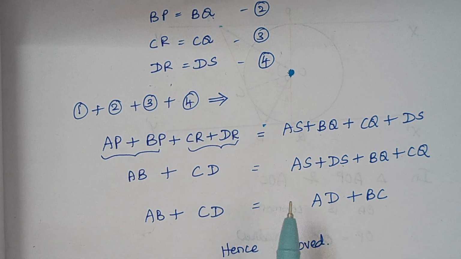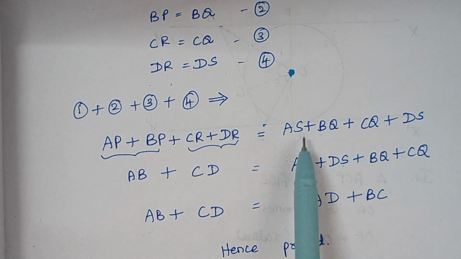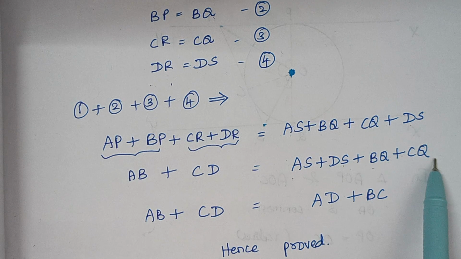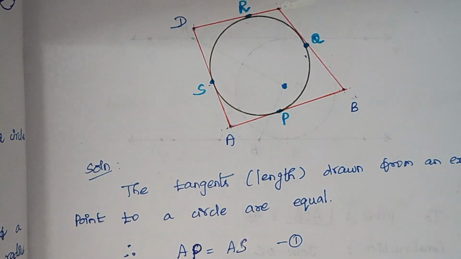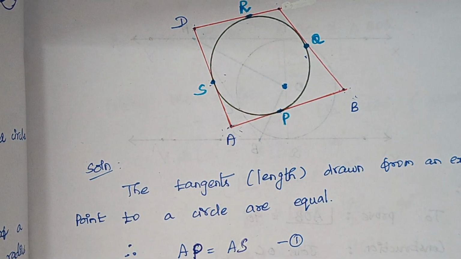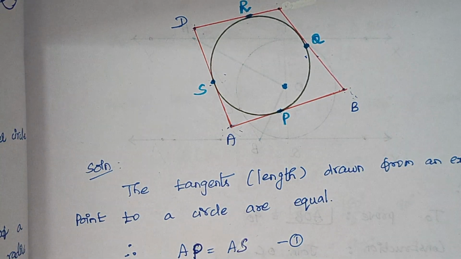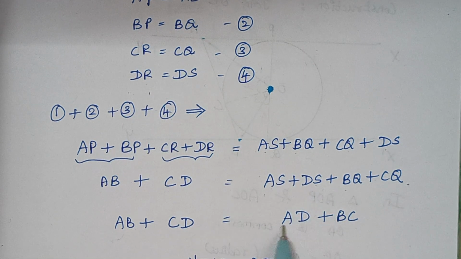So which is equal to, again in this case I am just combining the terms. That is, I am writing AS and DS together and BQ and CQ together. So AS plus DS is nothing but AD, right? And similarly, BQ plus CQ is nothing but BC, right? So AS plus DS is AD and BQ plus CQ is BC.